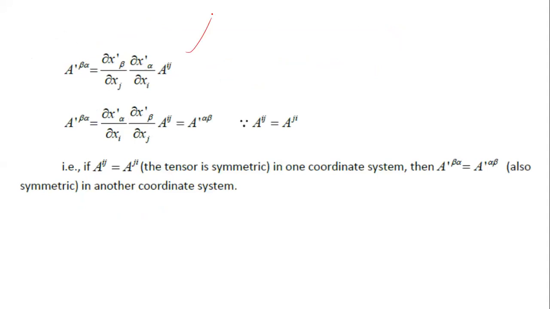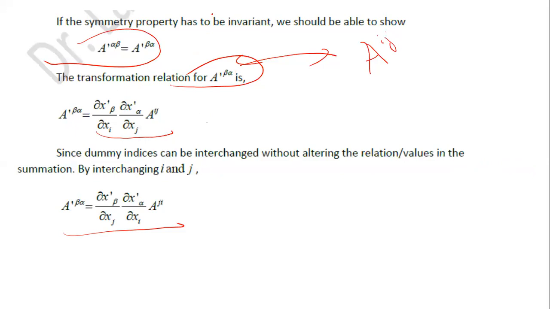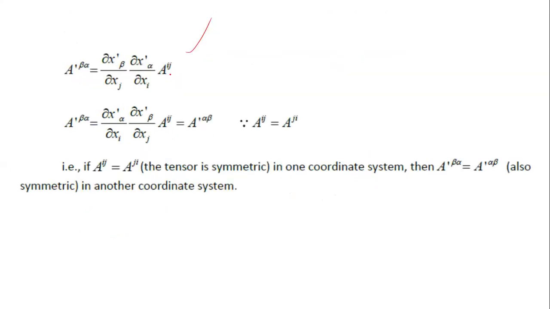Now, see, we know that Aij is symmetric in the unprime system. So Aij is equal to Aji, right? So instead of Aij, we simply write Aji.